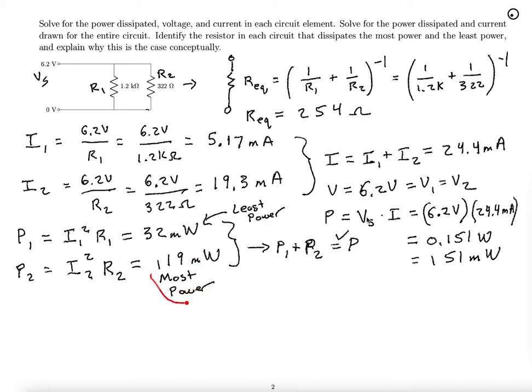P2 dissipates the most power because it's the same voltage and a lower resistance, so more current flows through it.